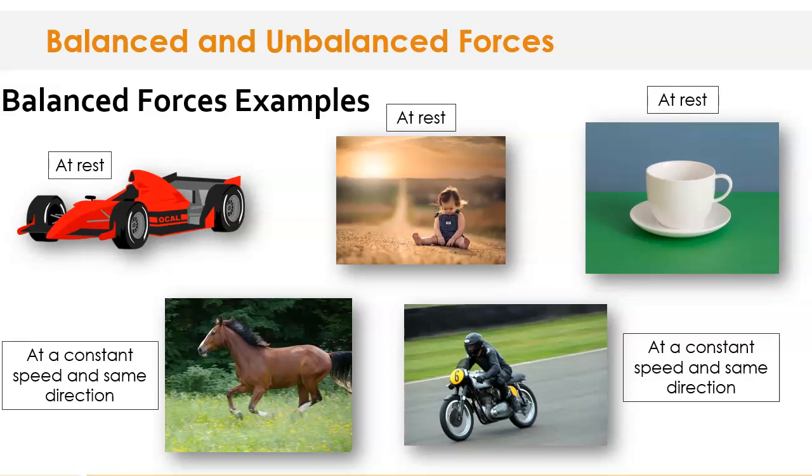They are equal in size or strength, and they are opposite in direction. If you have a teacup sitting on a table and it is not moving, it is at rest, then all of the forces acting on that object are balanced.